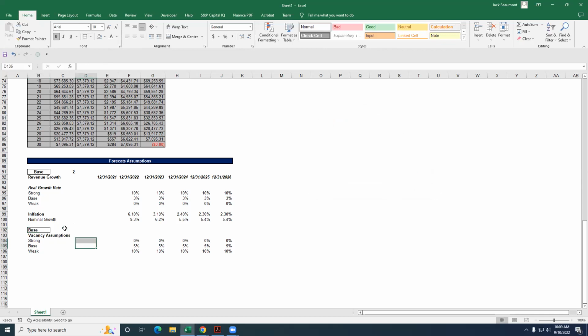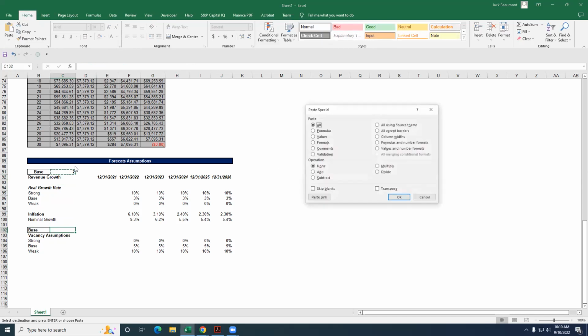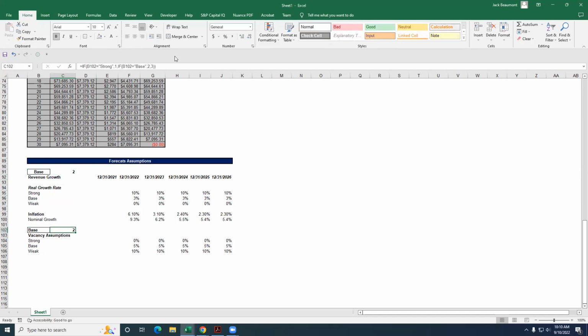Let's see if this works. Control C. Okay, that seems to work. Cool. So if I went weak, 3, strong, 1. Perfect.